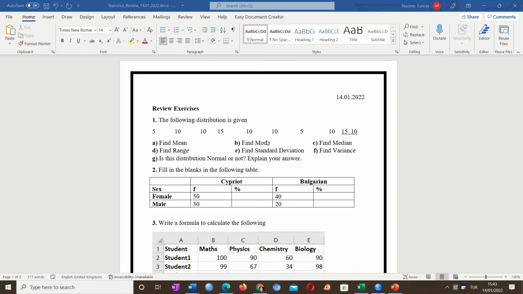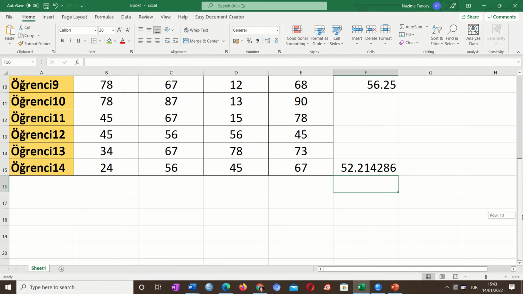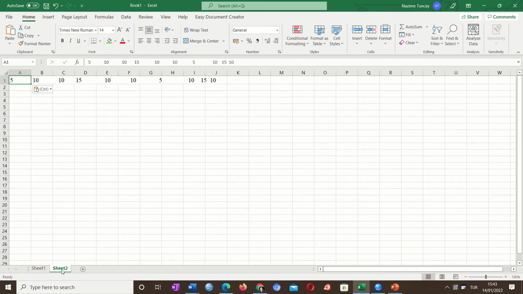Okay, so the first question is about finding mean, mode, median, range, standard deviation, and variance. Yes, we have these numbers. So let us find their mean, median, and mode.